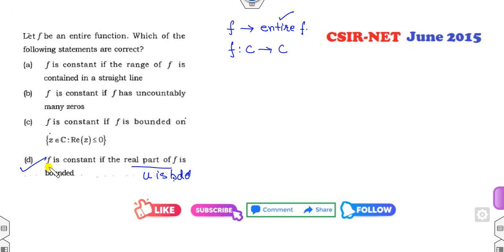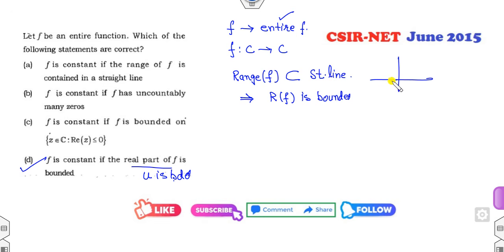Now, look at another one. The range of f is contained in a straight line. Fine. So what does it mean? Because for any such straight line, how many points do they omit?